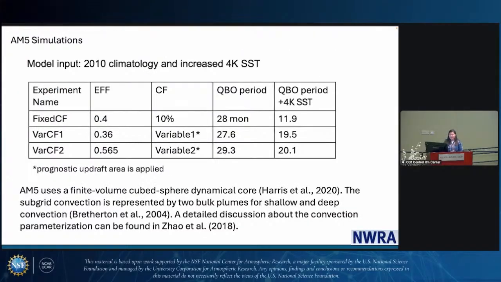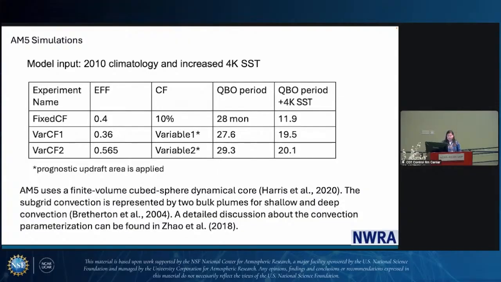For our AM5 simulations, we have two groups of simulations. The first group is the present day simulation, the 2010 climatology. And the second group is the increased 4K SST simulation. For each group, we have three sets of simulations.